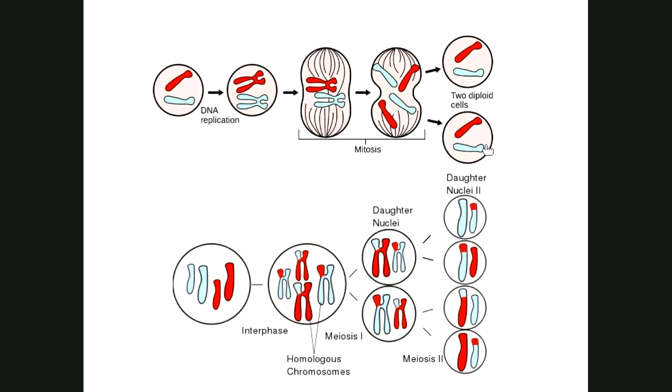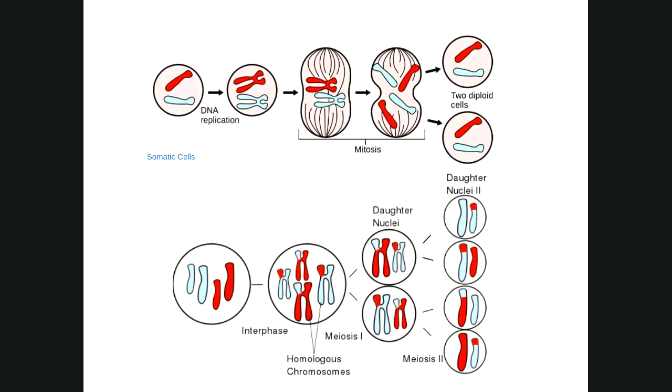Mitosis is present in the somatic cells. What are somatic cells? Somatic cells are known as body cells, while meiosis occurs in the germ cells.